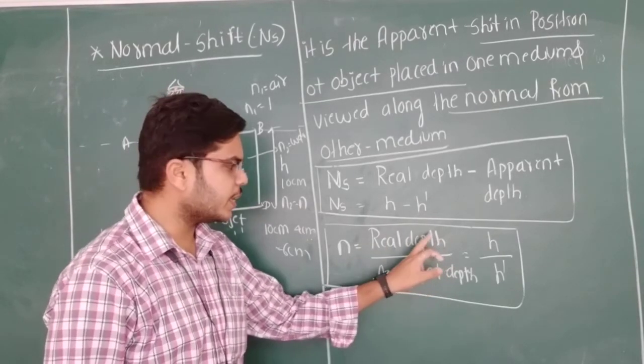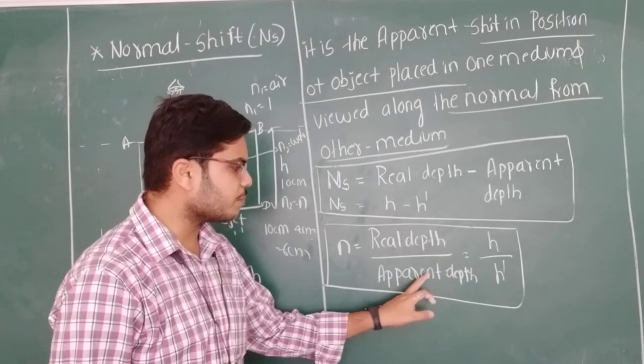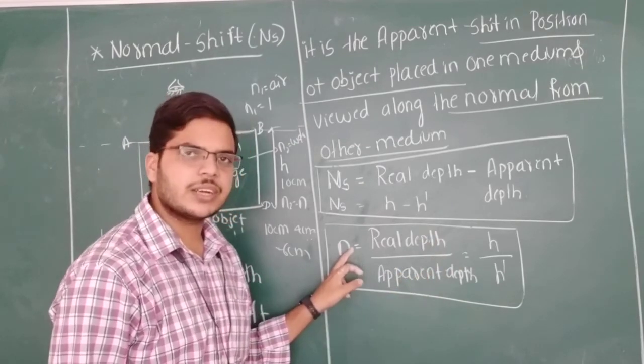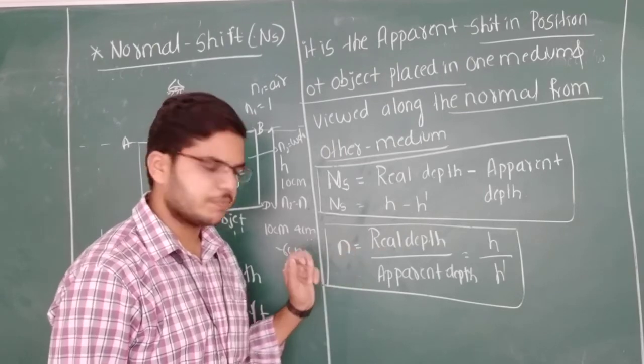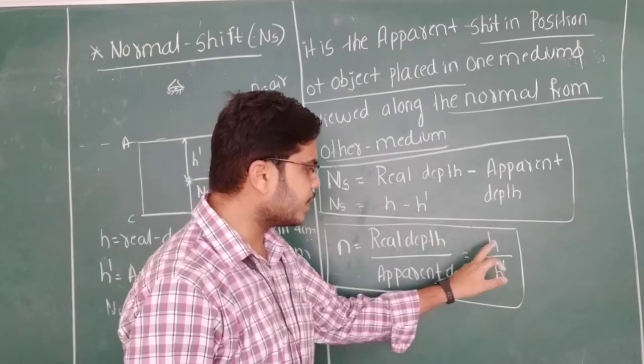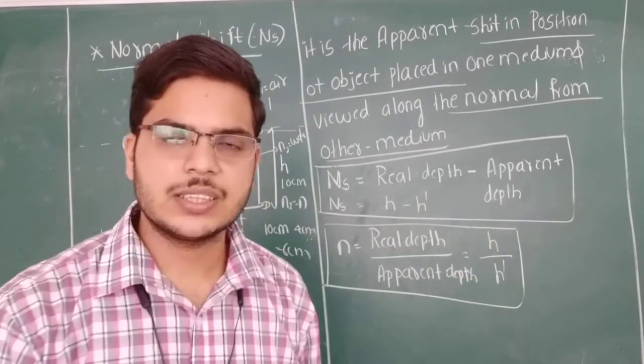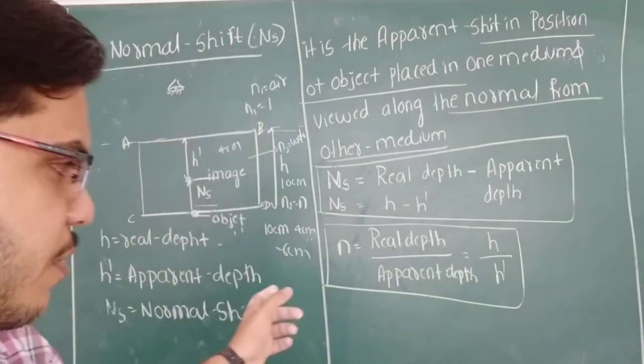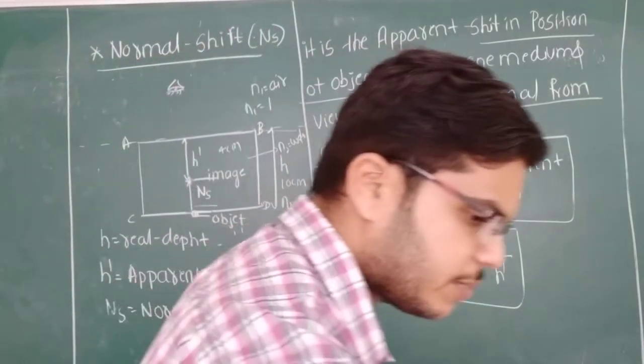Is it clear? Real depth divided by apparent depth will give the refractive index of the denser medium, that is equal to H divided by H dash. This will give information about the refractive index of the material.